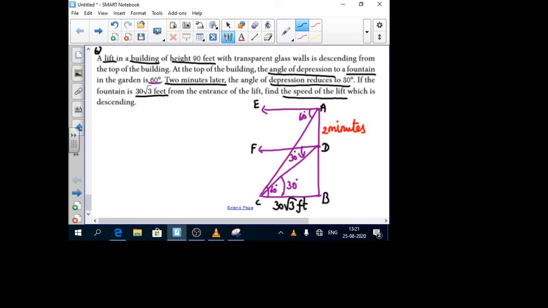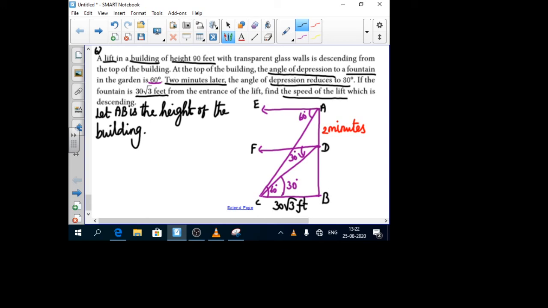Time taken is known. Once you find the distance, you have to find the speed of the lift. So first we write this one. Let AB be the height of the building.